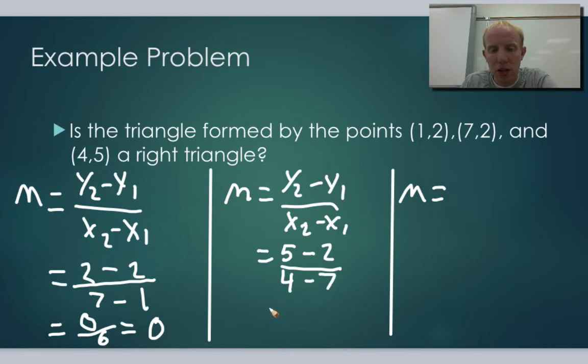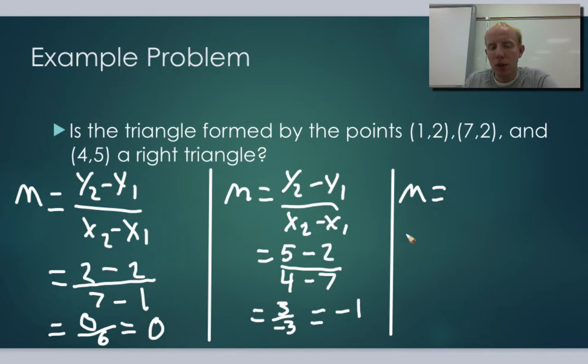That's going to give us a positive 3 on top, and 4 minus 7 is going to give us a negative 3 on the bottom. 3 over negative 3 simplifies to negative 1 over 1, or just negative 1. So negative 1 is our slope on this line.